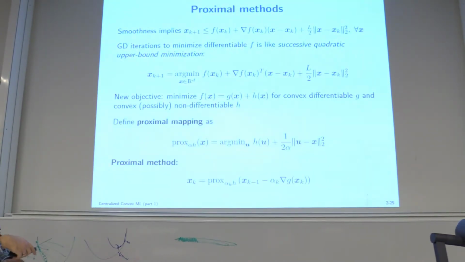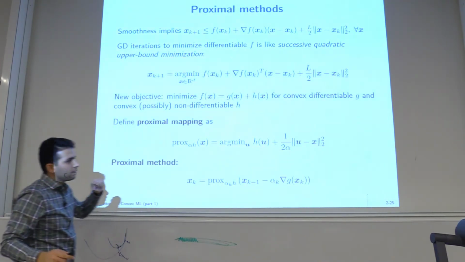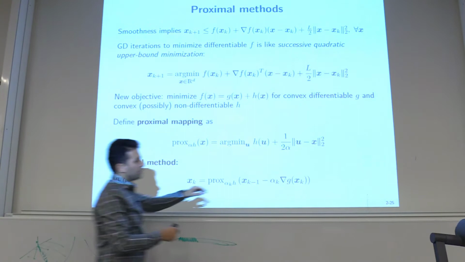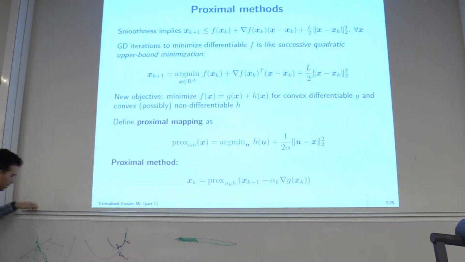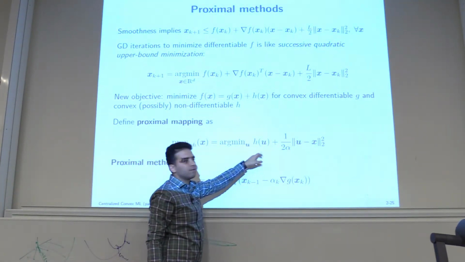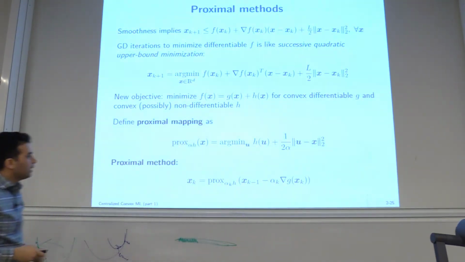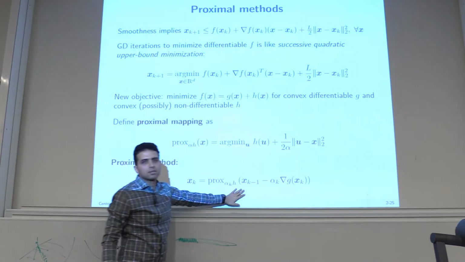If you do that, you end up with something called the proximal mapping, which is what I just said: an upper bound of the function, exactly this upper bound, plus some h where we don't know how to handle. This is called the proximal mapping, and the proximal method is just to solve this one.